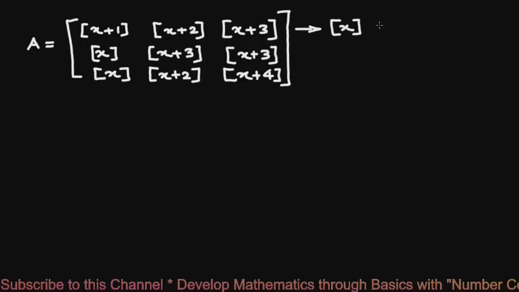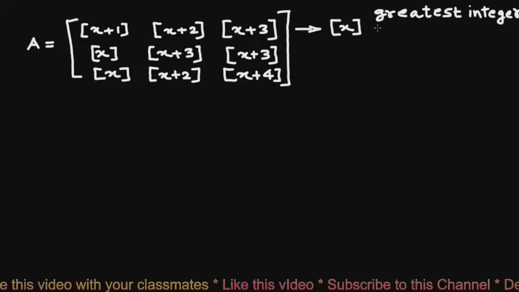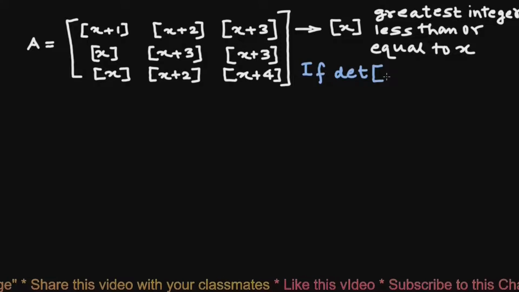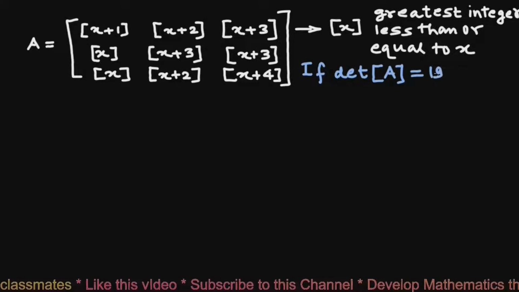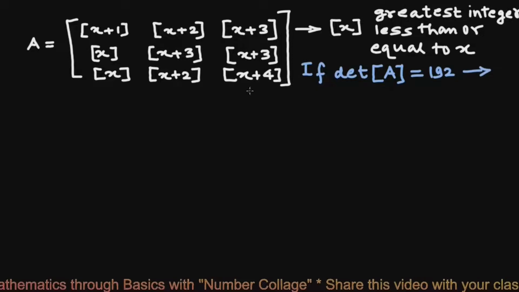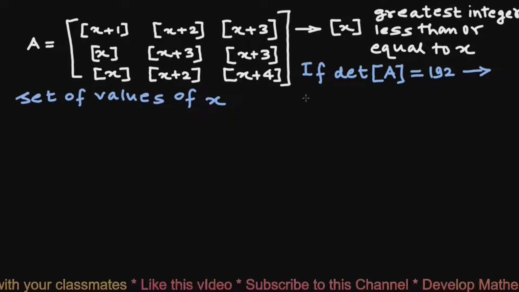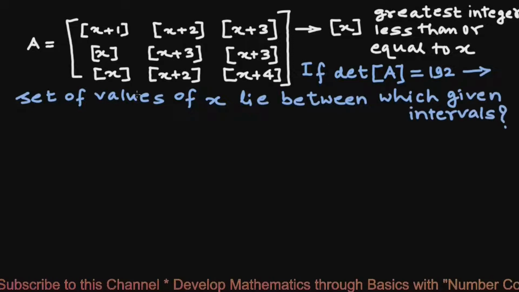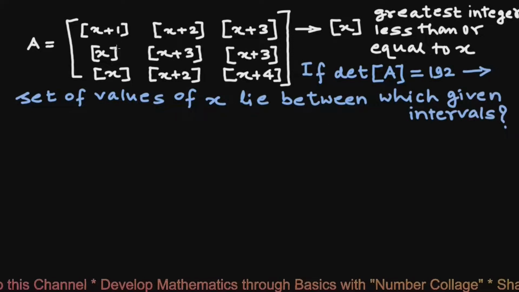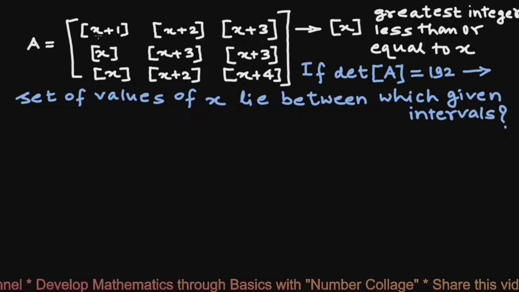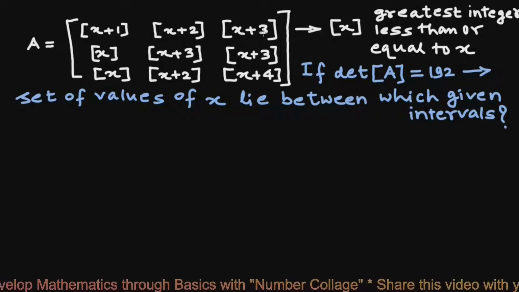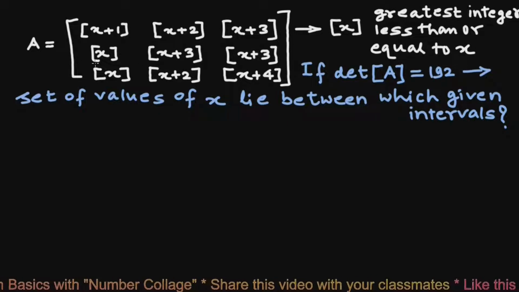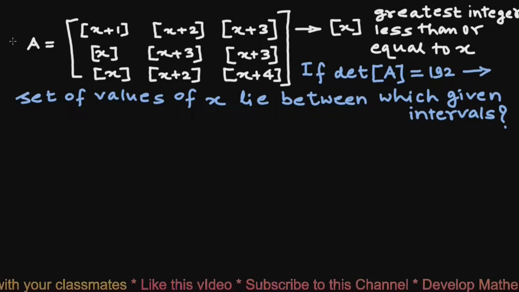Here, the bracket denotes the greatest integer less than or equal to x, and if the determinant of matrix A equals 192, then we have to find the set of values of x, lying between which given intervals. Now we use the strategy of converting greatest integer functions containing x plus 1, x plus 2, x plus 3, x plus 4, etc. in terms of only x. So for that, first we will simplify the given matrix A.